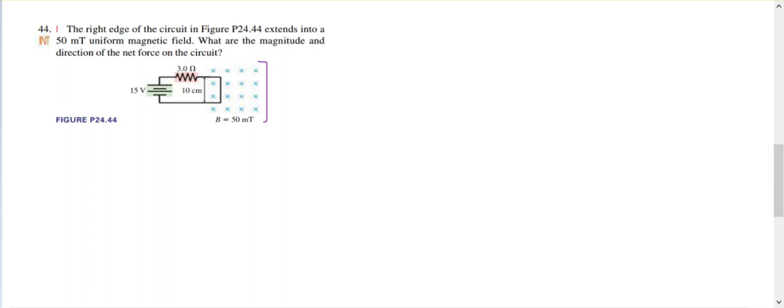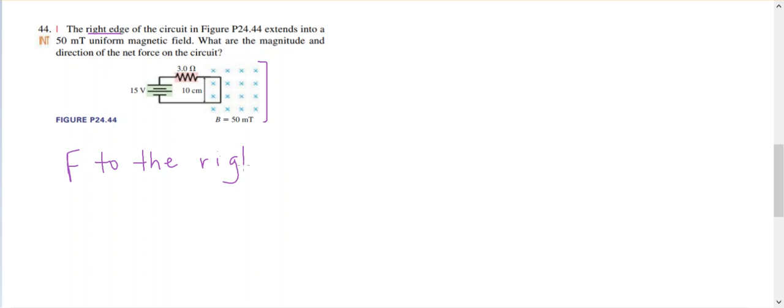And on the right edge, it's important to note that it says the right edge, the current is going down. So if you orient your thumb down with your fingers still at the screen, your palm is pointing out to your right, just like in the example we showed before. So we know that the force is to the right.